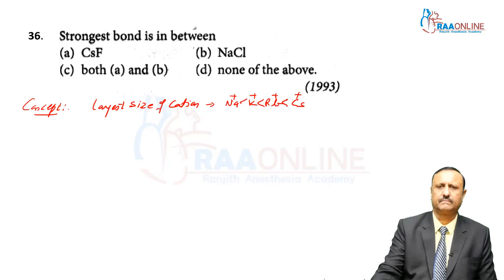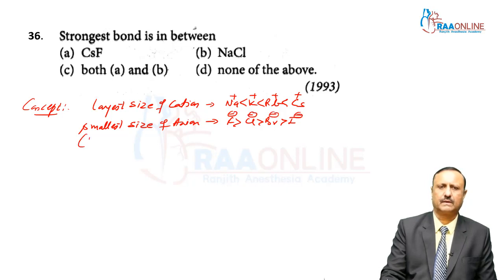And the smallest size of an ion, for example, fluorine, chlorine, bromine and iodine. Or you can also say smallest size or high electronegativity.